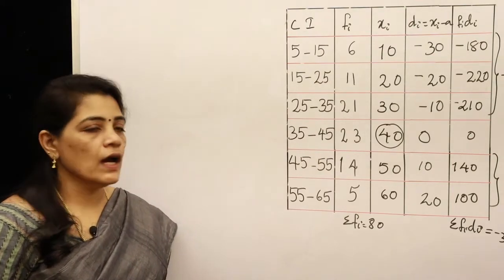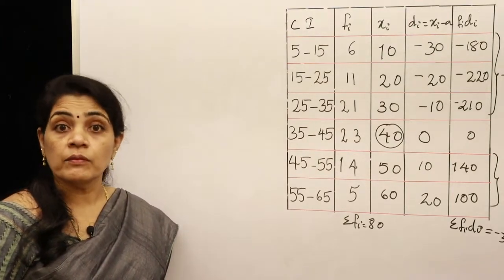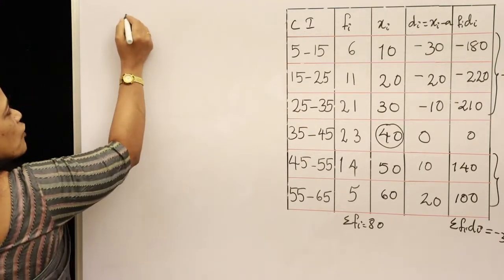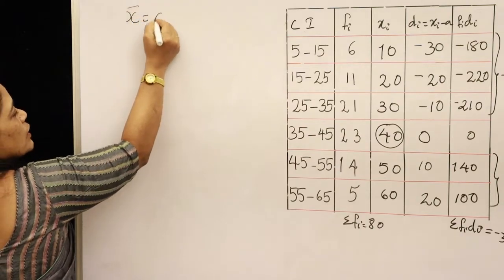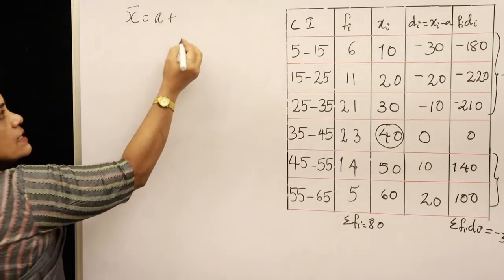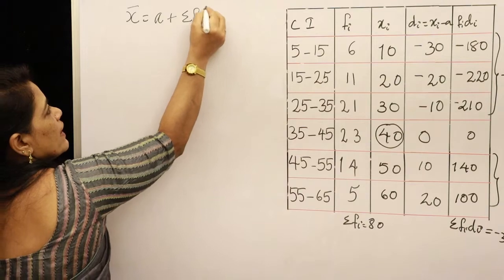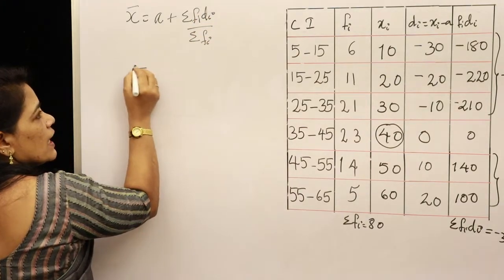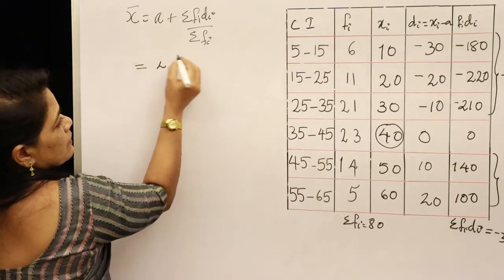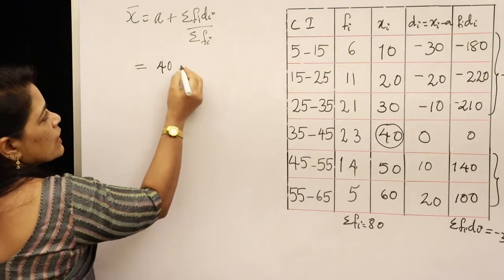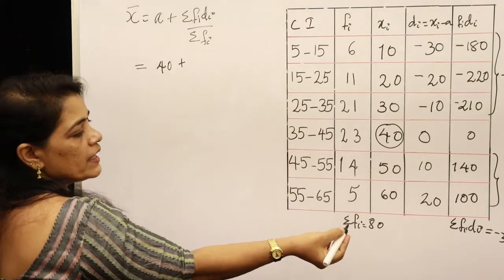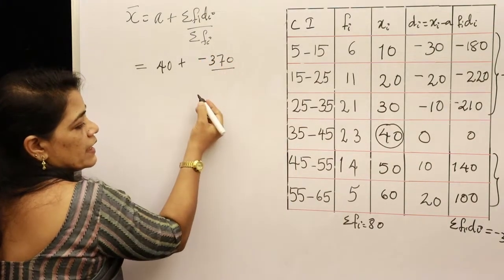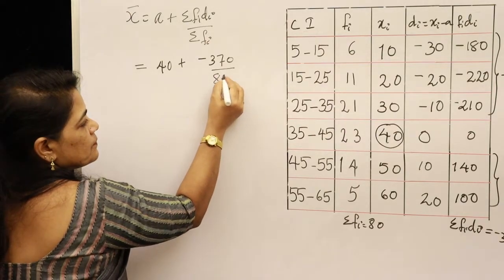Now we are going to find their arithmetic mean by the assumed mean method. We can write the formula over here. X bar is equal to A plus sigma fi di divided by sigma fi. Here A is the assumed mean, that is 40, plus sigma fi di is negative 370 divided by 80.